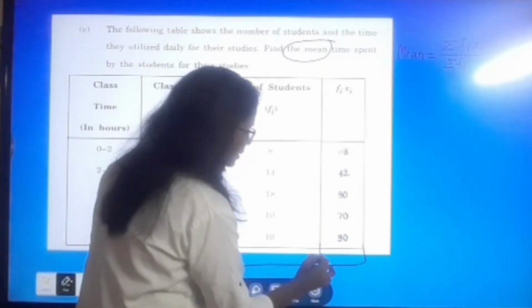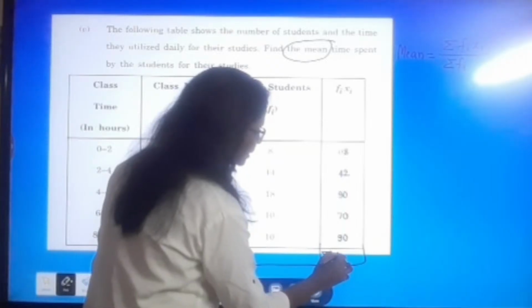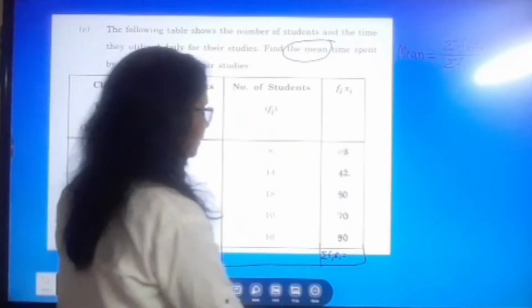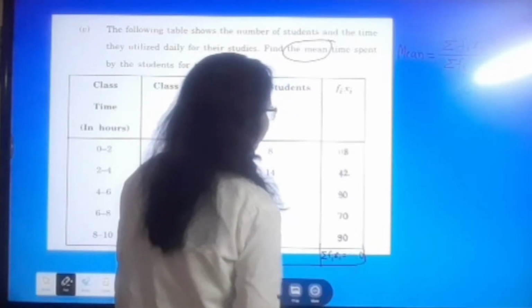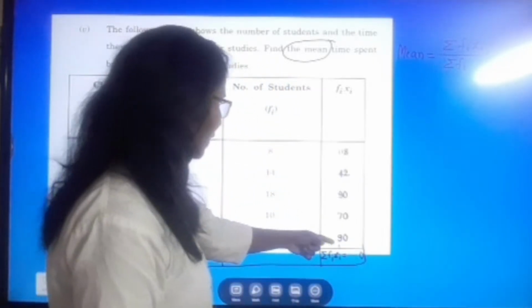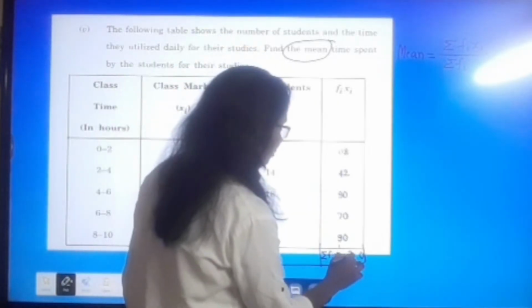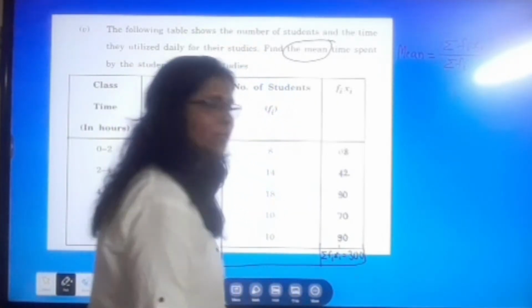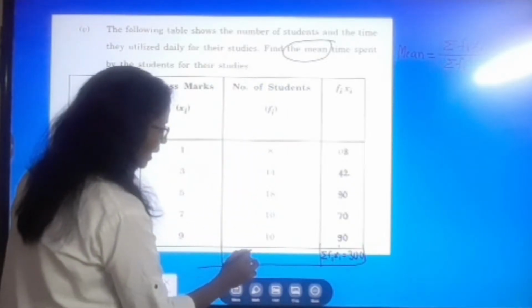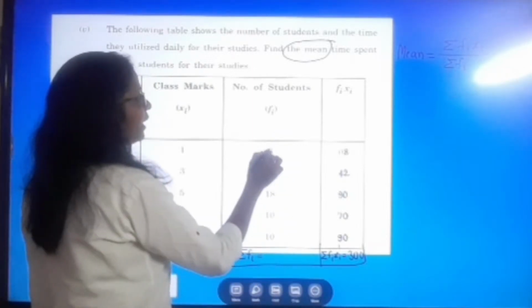Summation FiXi, so here see what is the answer. The addition is 300.